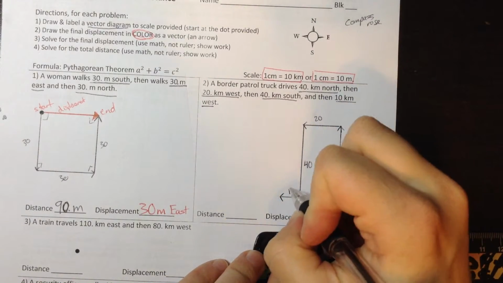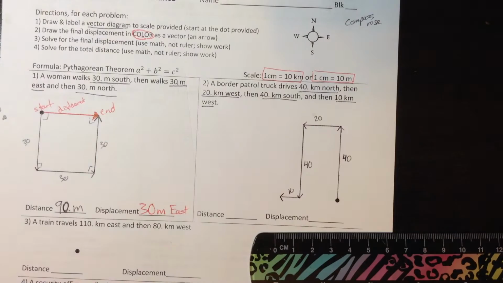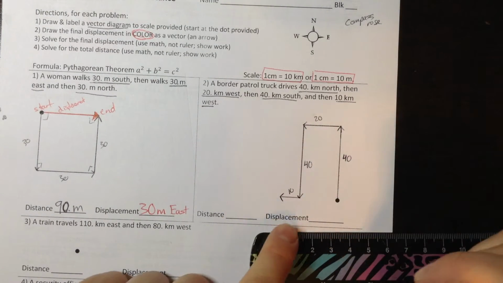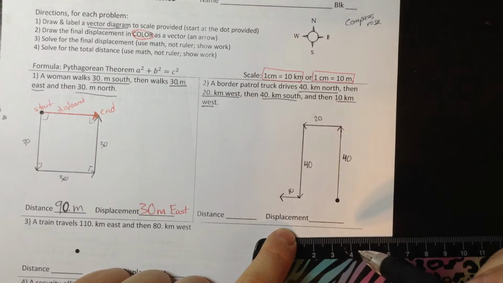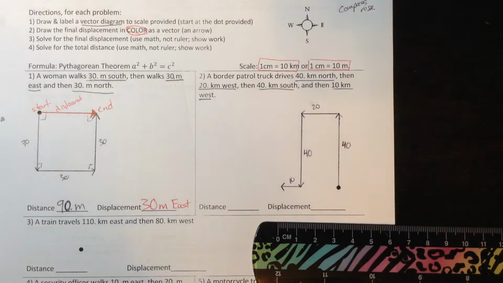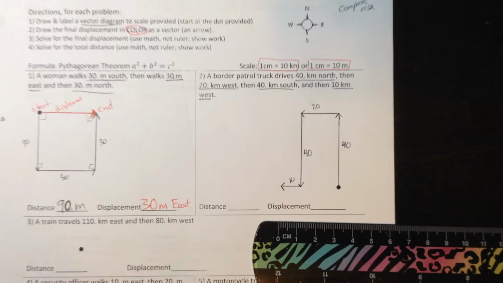Alright, so the distance is the path traveled, and the displacement is a straight line from start to stop. So right here, I want you to pause and see if you can figure it out on your own.